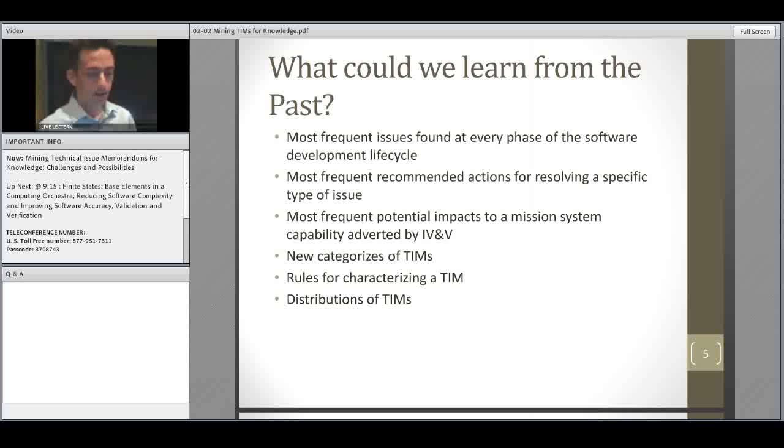If we're finding that above all others, there's a specific action that is most commonly recommended for a type of issue, we could possibly take that action and turn it into a more proactive stance and help prevent these defects from even being found, by communicating that action to developers and helping them integrate that action into their standards for developing software.